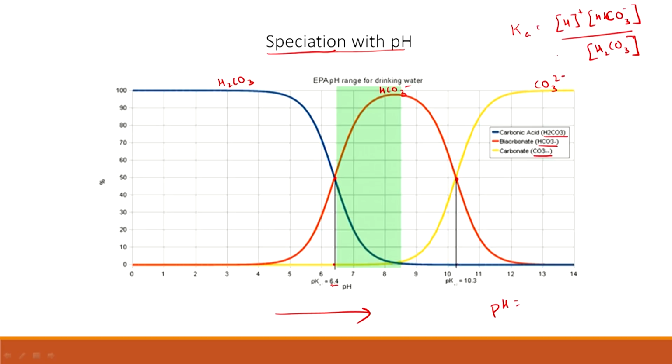Well, why not take a shot at it? Take the logarithm here: log of Ka is equal to log of H plus plus log of the conjugate base by the acid, right.